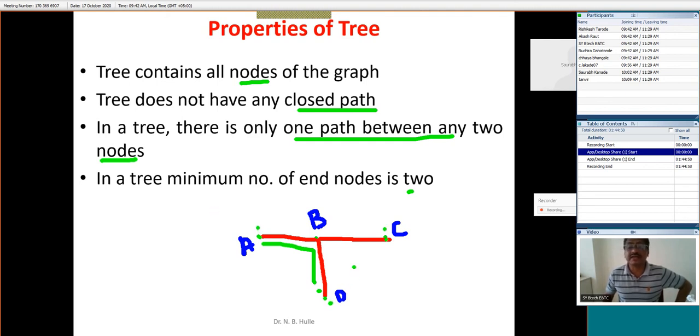In this particular case we have 3 end nodes. This is not an end node, because from this node branches move in different directions. But at an end node, only an incoming or outgoing branch will be there. There is no further connection between the nodes. Is it right?